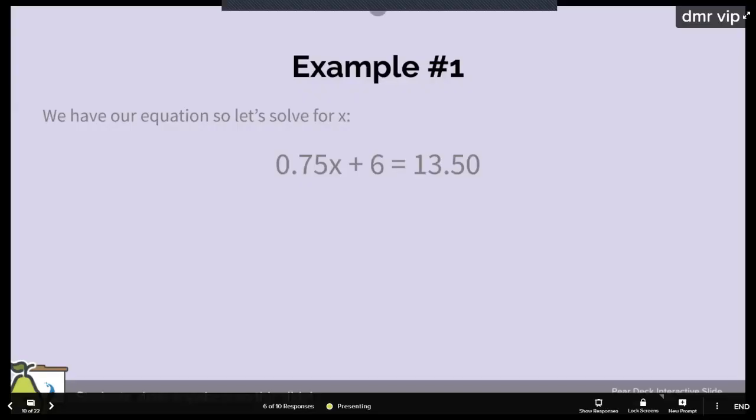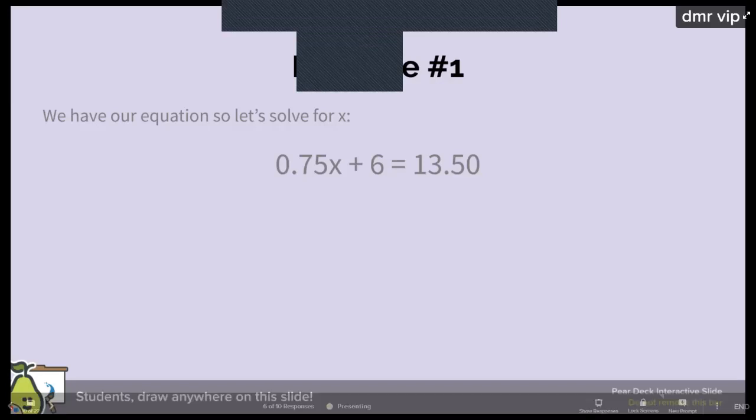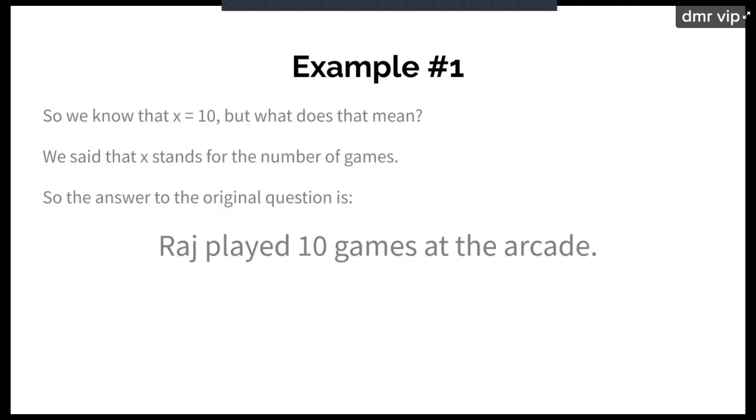All right. We'll wrap this problem up. Maybe we'll do the next problem next class because I had 2 problems I wanted to go through today. So we know that x equals 10, but what does that mean? We said that x stands for the number of games. So the answer to the original question is Raj played 10 games at the arcade. When you're doing these types of word problems, especially on the state test, they expect you to be able to write at least one sentence about the answer you found.